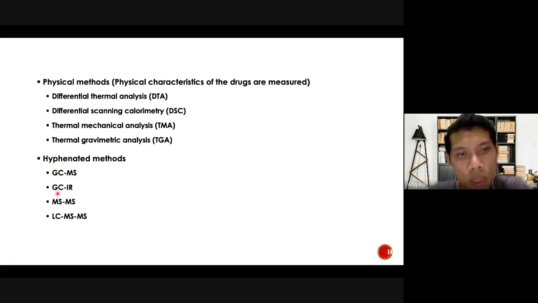And then you also have GC-IR, which is connected to an infrared spectroscopy. And then you have MS. MS is mass spec. And this one, even there is more than two, which is three. You have LC, the liquid chromatography connected to mass spectroscopy.